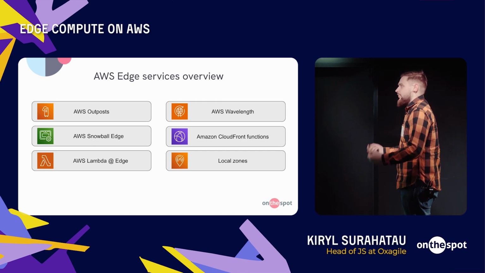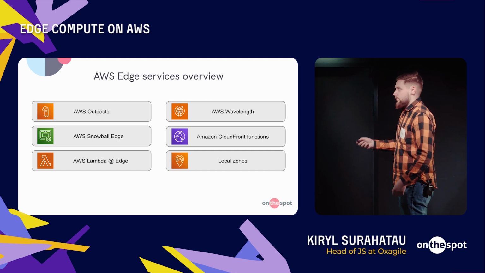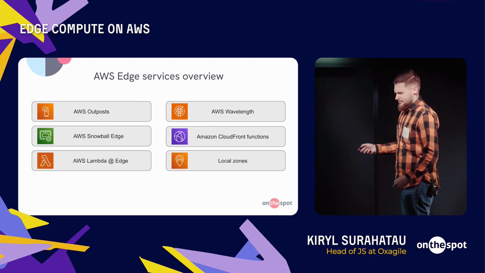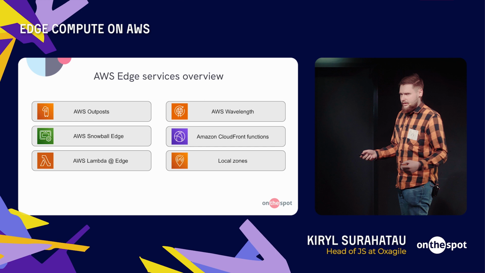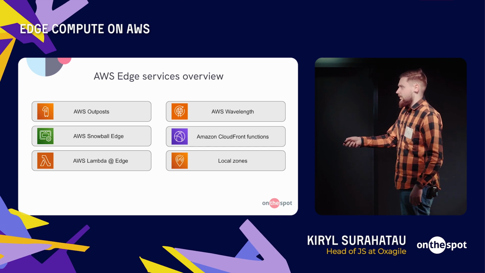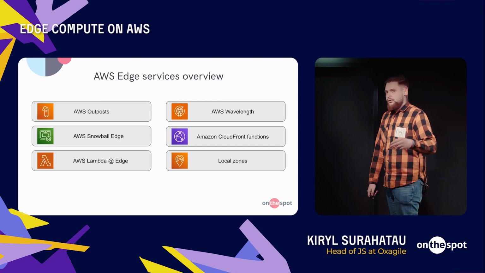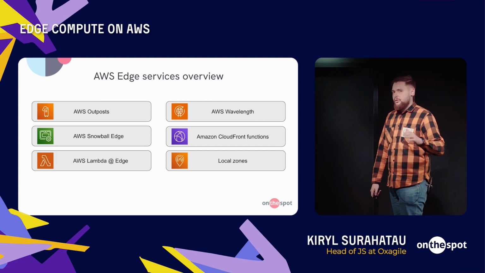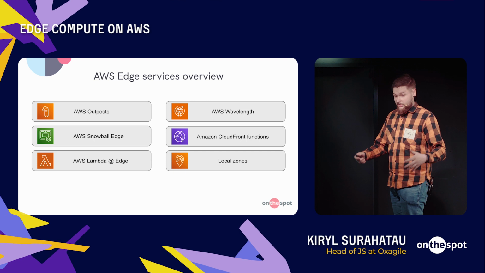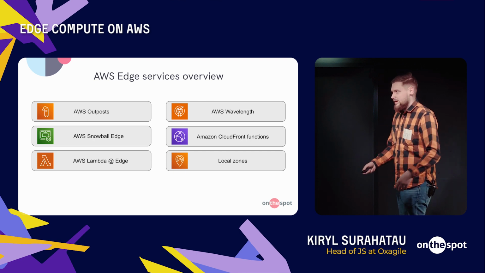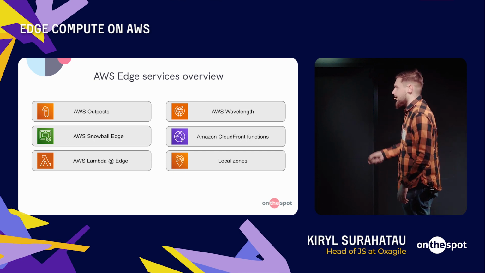If you're more sophisticated in your requests, and if you want to have edge compute in a disconnected environment, in tough conditions, Snowball Edge is your choice. For many of you, I'm sure this service is known as basically a huge flash drive to migrate data, but it's actually suitable for edge compute as well.